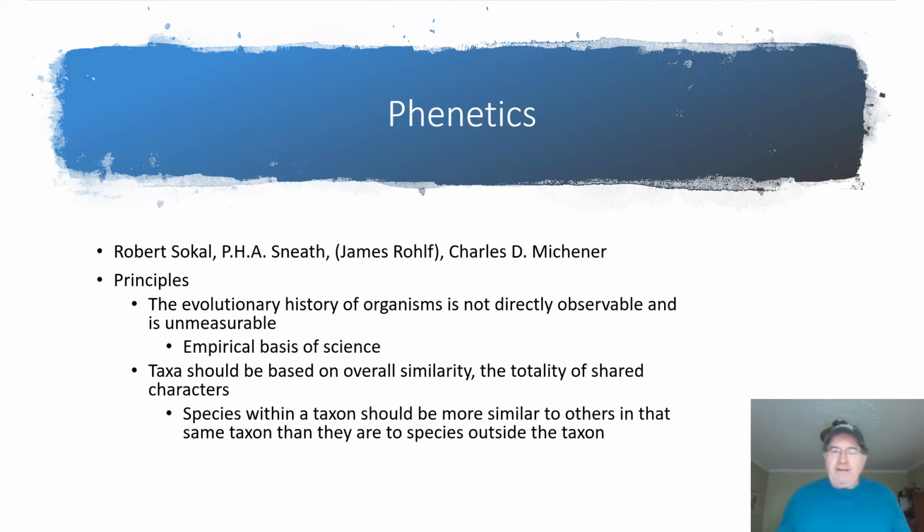The idea is that if you're grouping species together within a single higher taxon, then one would desire that the species included in that taxon are all more similar to one another than each one of those is to a species that's outside of that group. So we have some relative homogeneity in comparison to outside groups.